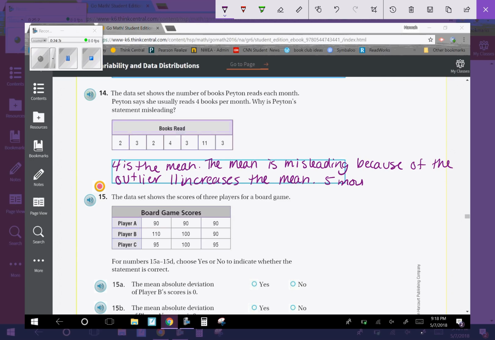5 out of her 7 months, she read less than 4 books.